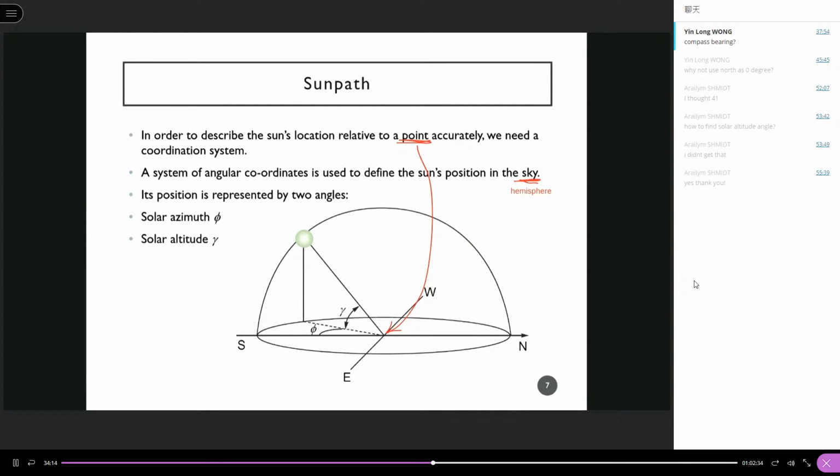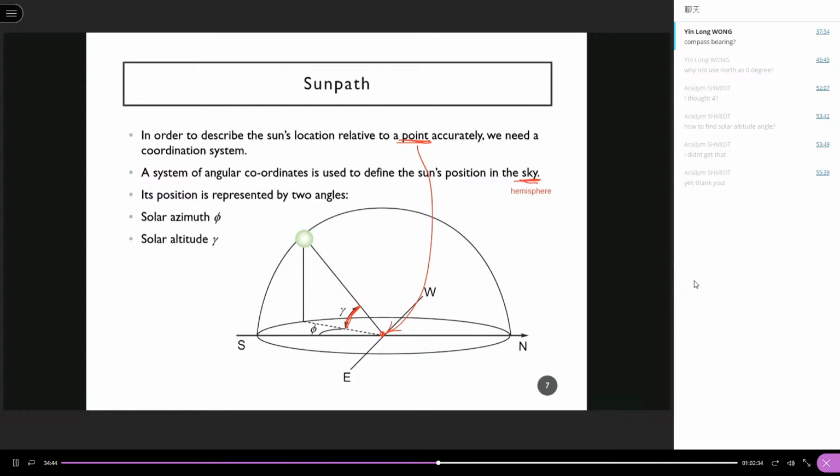So relative to a point, where the point is the center of the coordinate system, we use 2 angles to locate the sun. Those 2 angles are solar azimuth and solar altitude. This is the solar altitude, and the solar altitude angle is like the elevation angle.